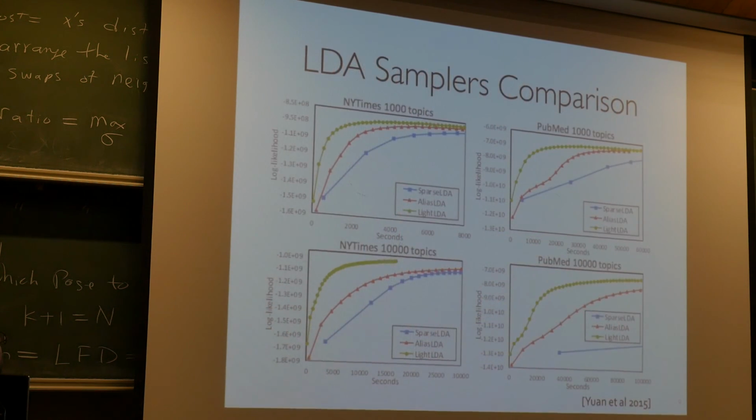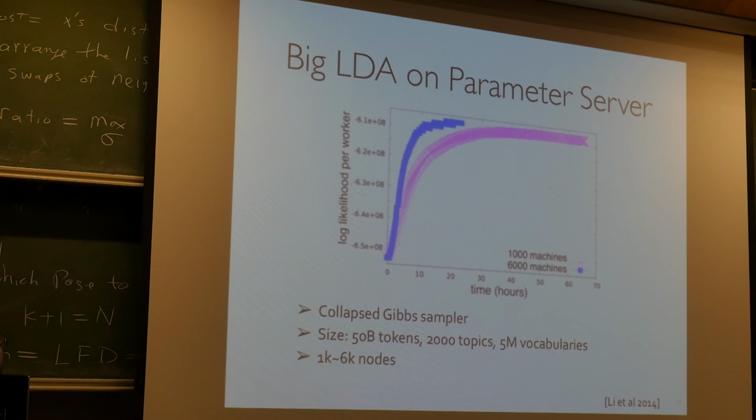And here are some other comparisons. This is using LightLDA, which is a more complicated version of what you're dealing with. We'll talk a little bit later on about what that's all about. But again, this is the kind of result that you get.